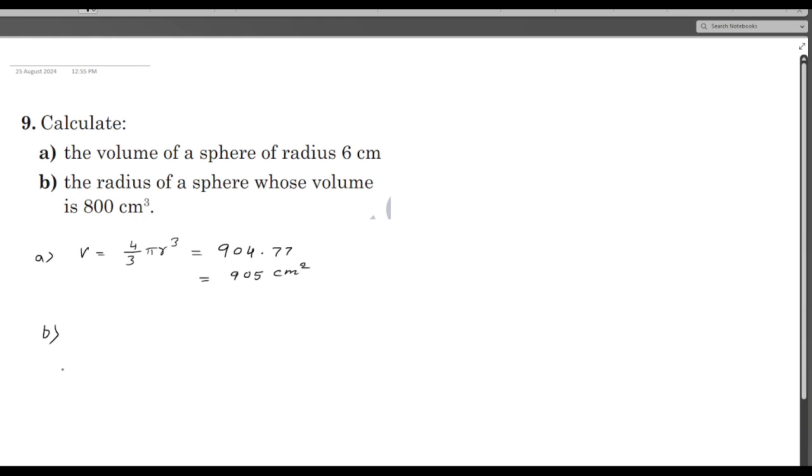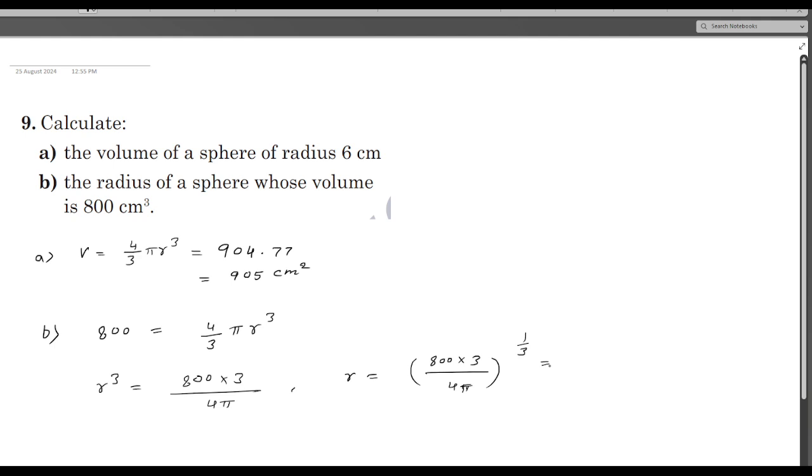B, the radius of sphere whose volume is 800. Volume is already given, so 800 equals 4 divided by 3 pi r cube. I have to find out radius. So r cube will become 800 times 3 divided by 4 pi, and therefore r will become 800 times 3 divided by 4 pi, the whole power 1 by 3.